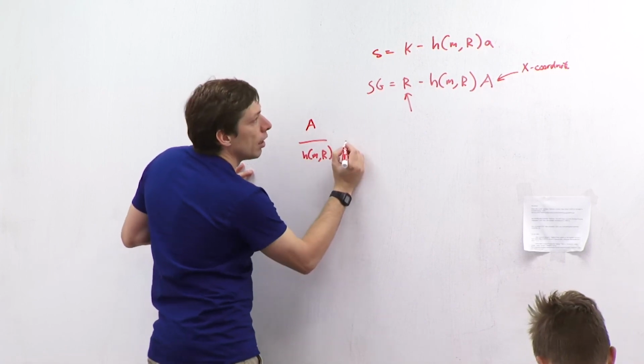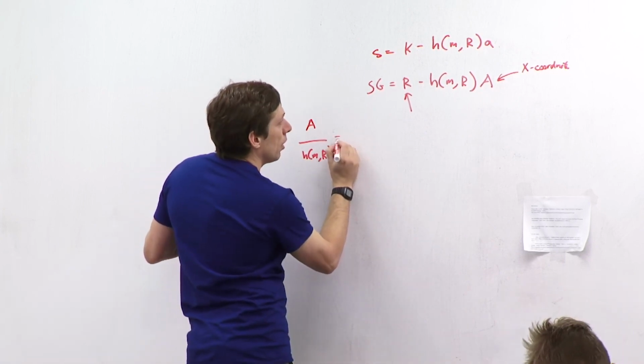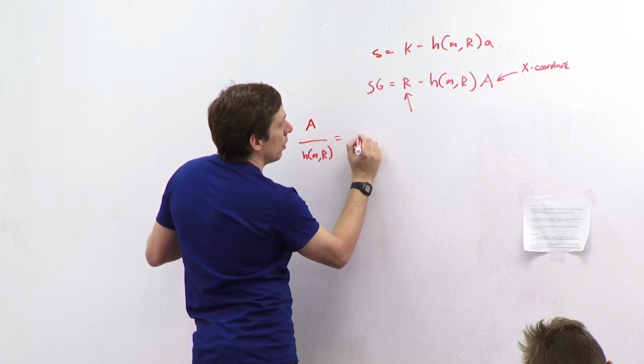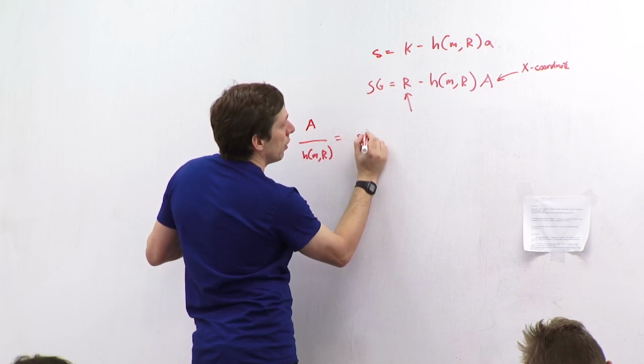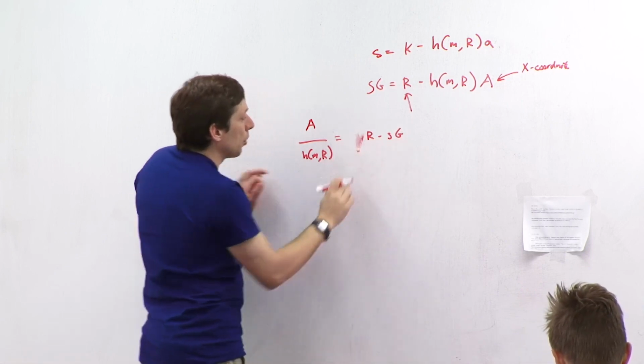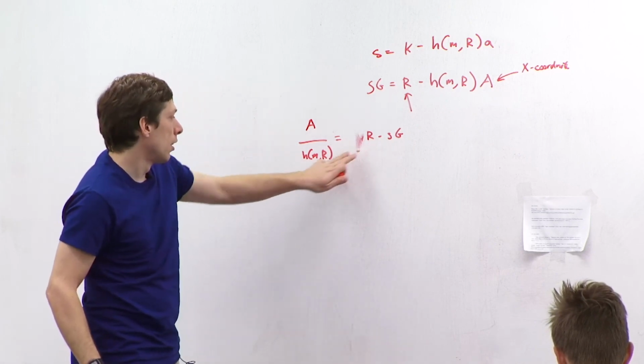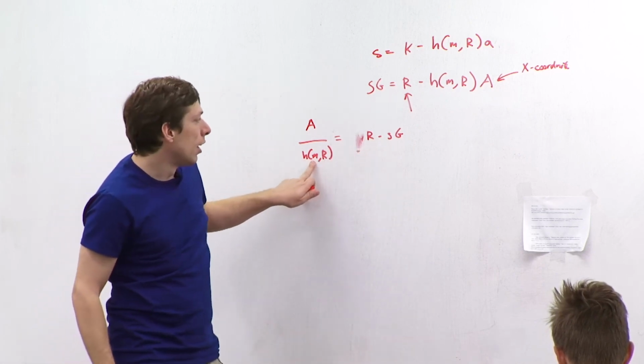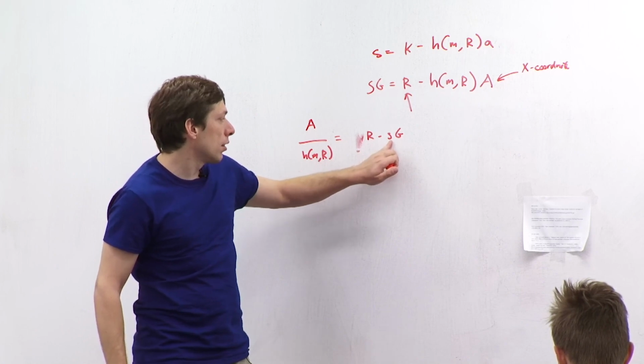This is a scalar. No, it's equals R minus SG. Right, so I come up with a random R, put it in here, come up with the message I want to sign, and then solve for A.